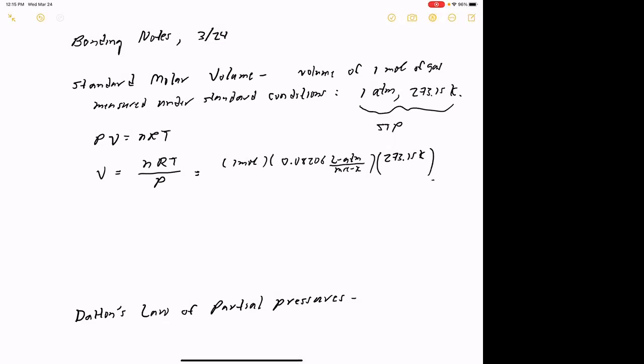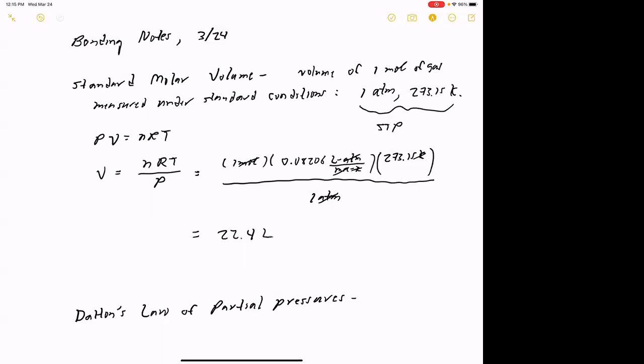And then we have to put that over a pressure, don't we? And that pressure is going to be 1 atmosphere. So when we work all this out, of course we should get volume units out of this. Atmospheres cancel with atmospheres, kelvins with kelvins, moles with moles, and we get liters out. And when you work this out, what you're going to get is 22.4 liters.